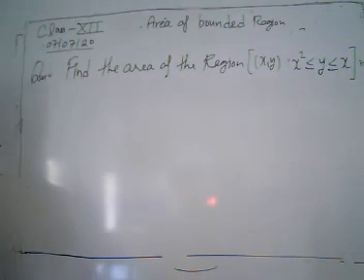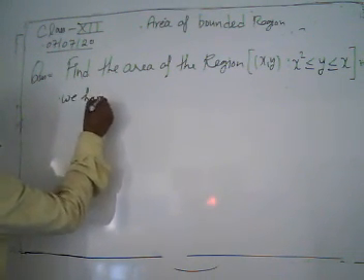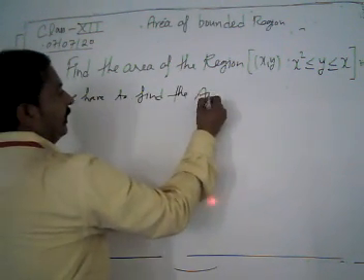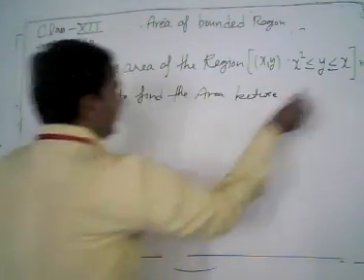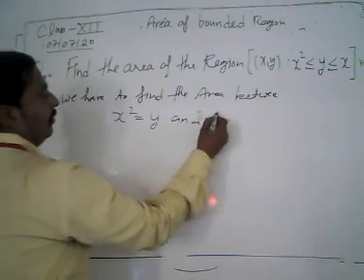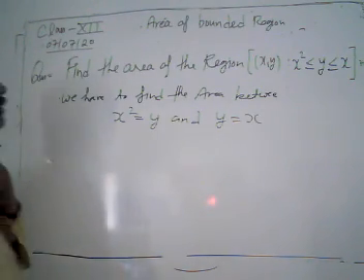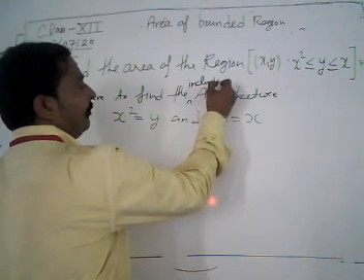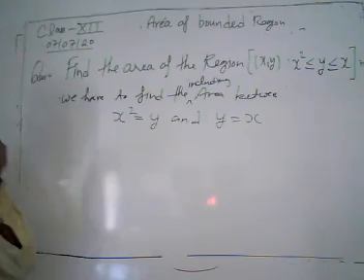Means we have to find the area between y equal to x square, that is x square equal to y, and y equal to x. We have to find the enclosed area between the curve x square equal to y and y equal to x.